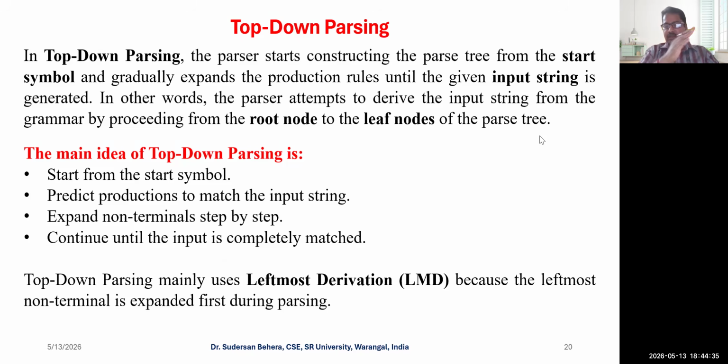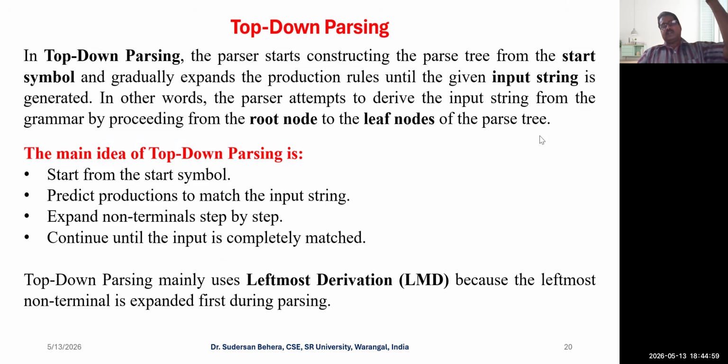As the name suggests, it starts from the start symbol of the grammar. I mean, it starts constructing the tree from the root of the tree. First root, then interior node, then leaf node. In that way, it expands the entire process top down to the bottom.